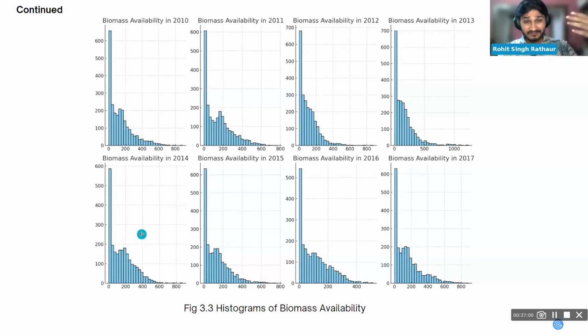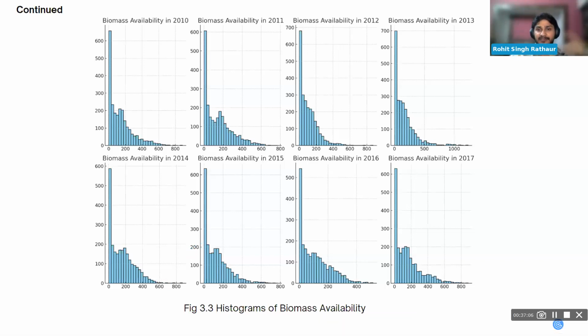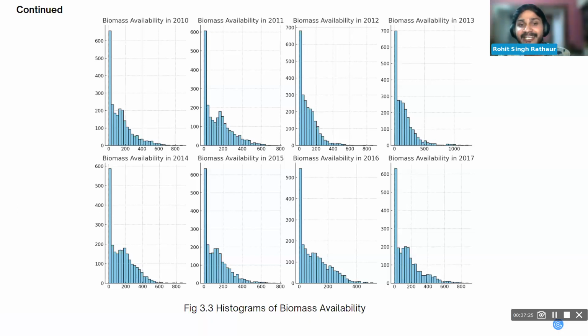And then I also presented box plots for yearly biomass availability. The box plots give me a summary of minimum, first quartile, median, third quartile, and maximum biomass availability for each year. It also showed me if there are any outliers in the data.